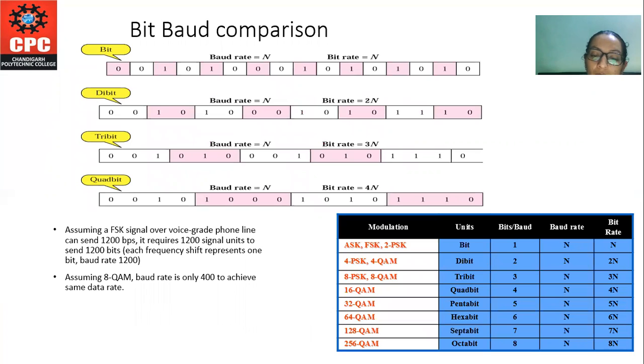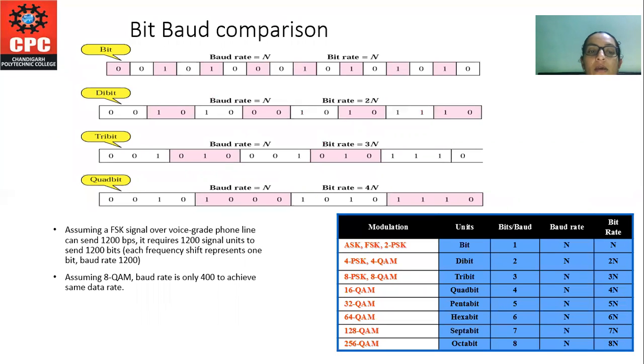After that, bit and baud comparison. Here in this bit and baud comparison, let us assume an FSK signal over a voice line. Over the voice line, we can send 1200 bps.